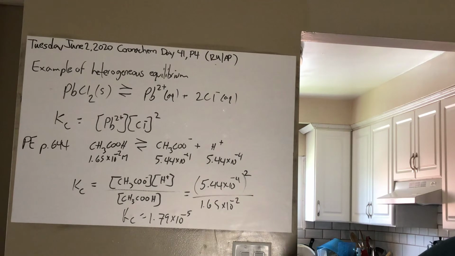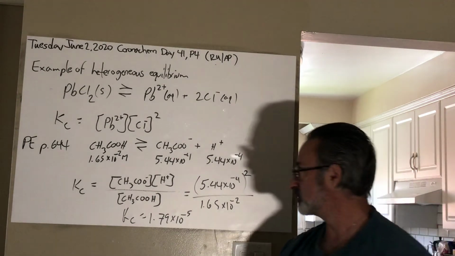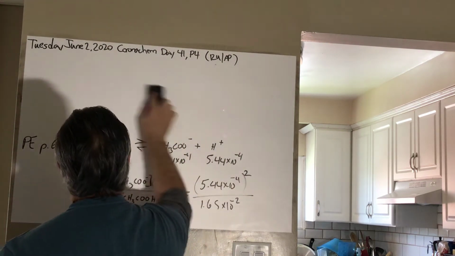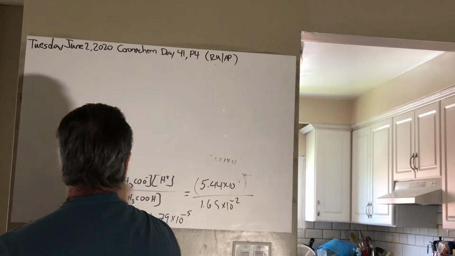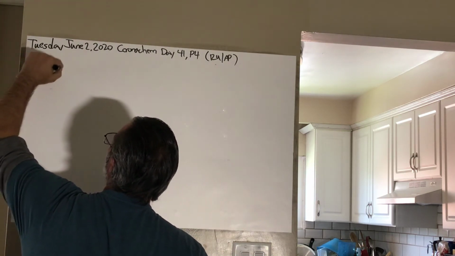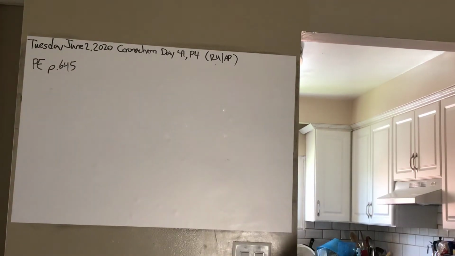The next one is a practice exercise, and it's the practice example on page 645. The question reads, sulfur trioxide decomposes at high temperature in a sealed container. It gives you the equation. Initially, the vessel is charged at 1000 Kelvin with SO3 gas at a partial pressure of 0.5 atmospheres.